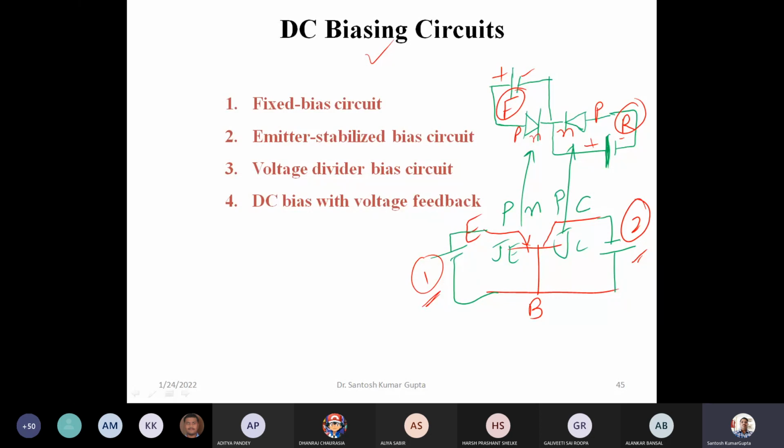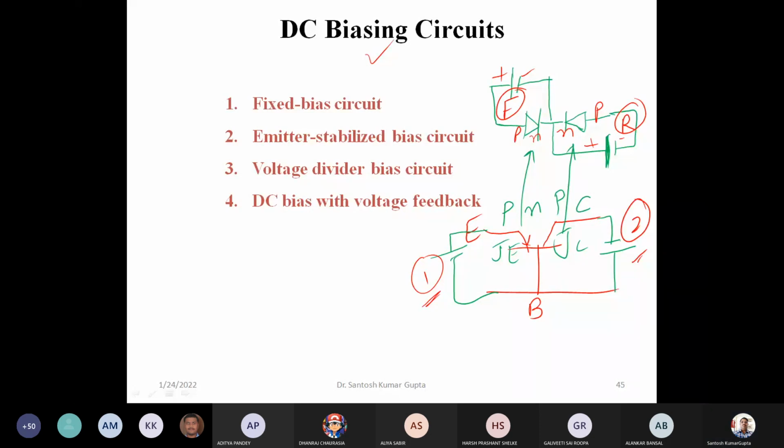We will now try to understand the different types of biasing circuits, how to use them, and how to analyze a circuit using them. Typically we have four types of biasing circuits which we will study here, but it is not limited to only these.